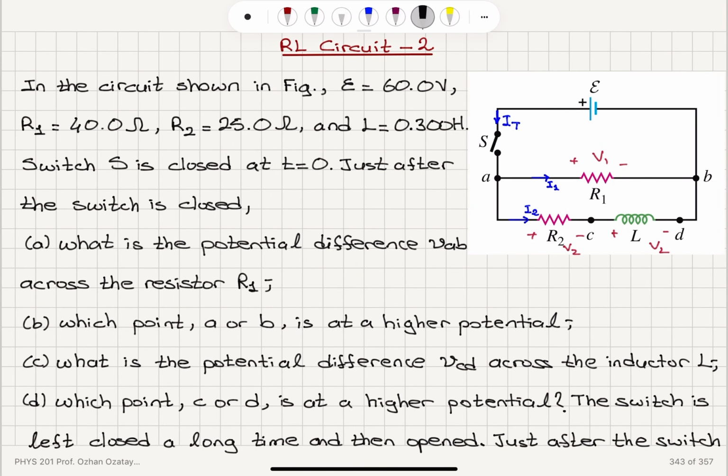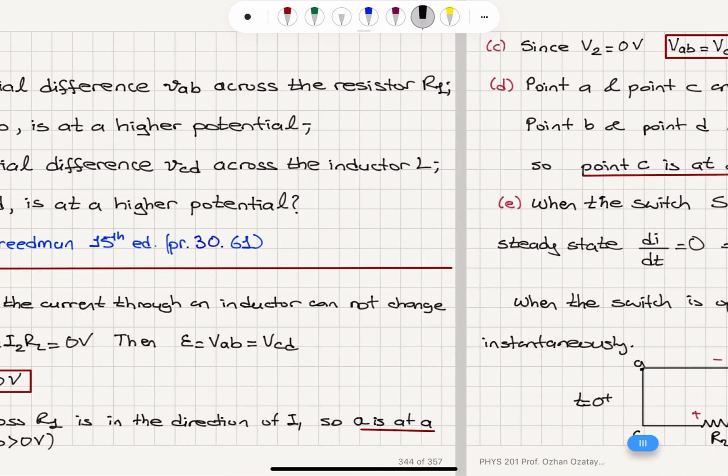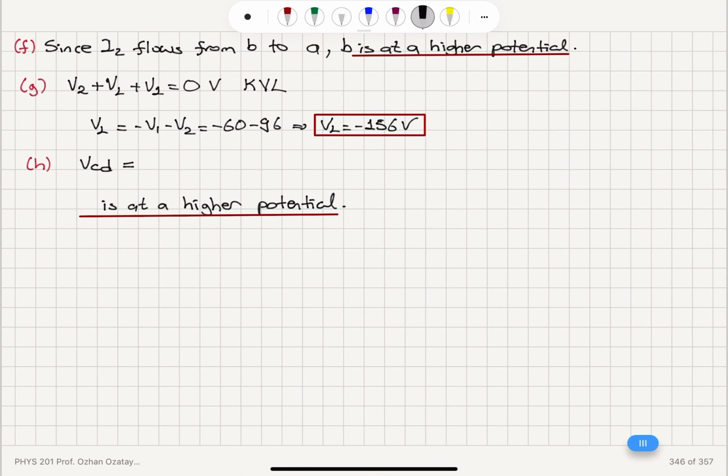Point C is here, so VCD is the voltage across the inductor. VCD is equal to VL, which is minus 156 volts. So we can see that D is at a higher potential.